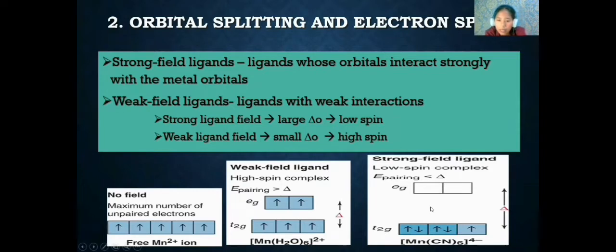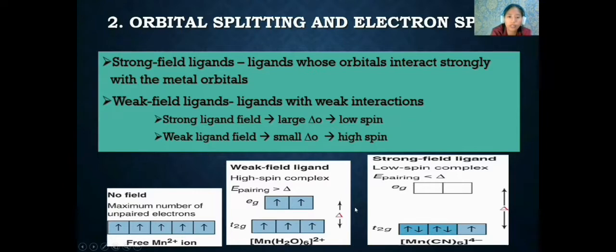As you can see in the diagram below on the right, the energy difference, or delta O, is large, and it has low spin because this applies Hund's rule. It would fill the lowest possible energy first before going up to the higher energy, because t2g has lower energy than eg. Eg in the strong field ligands has high energy, so we have to first fill the lower energy before going up to the higher energy.